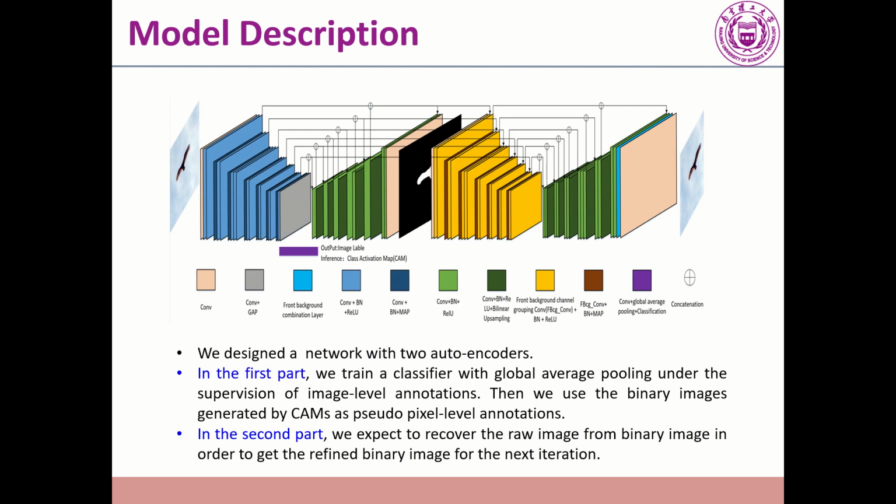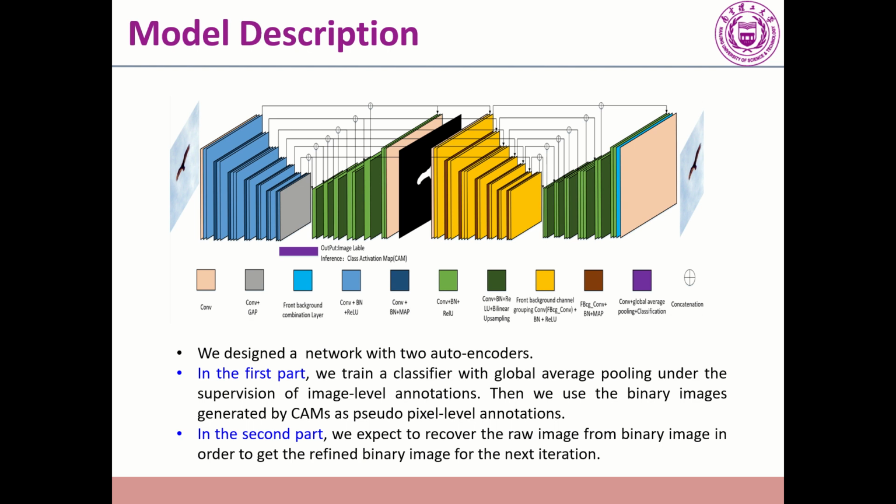Here is our model, our network. As we can see, we designed a network with two autoencoders. In the first part, the left part of this image, we train a classifier with global average pooling in the first encoder. Under the supervision of image level annotations, we weight and sum the convolutions to get class activation maps.